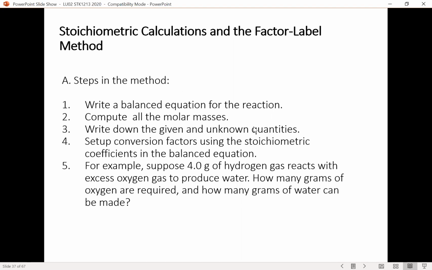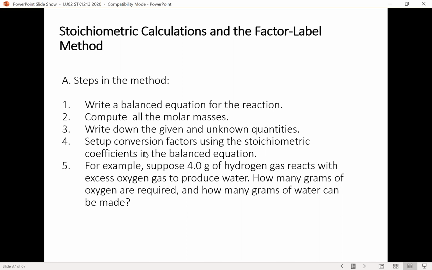And then from the question, you need to write down all the given quantities, and you also have to write down the unknown quantities, the thing that the question wants you to find, or the thing that is required for you to find the final answer. Okay, so you write down all the variables given, all the values given, and the unknown.